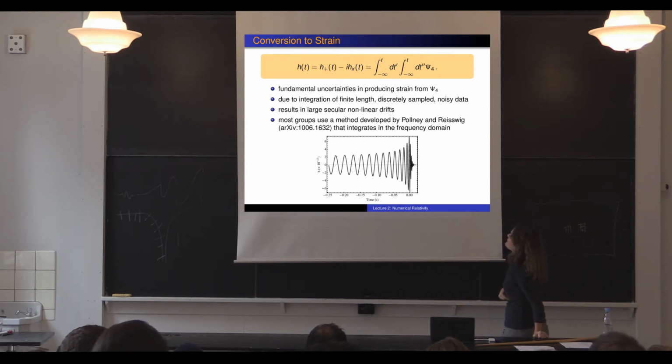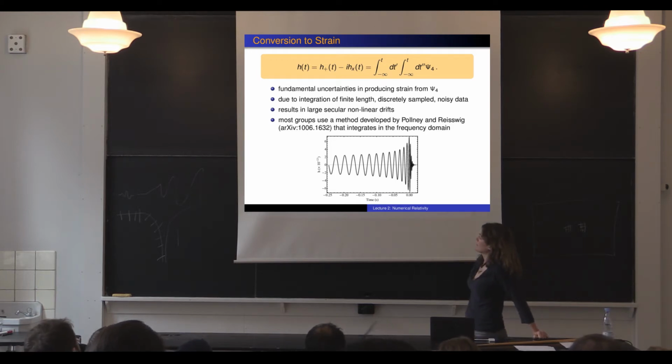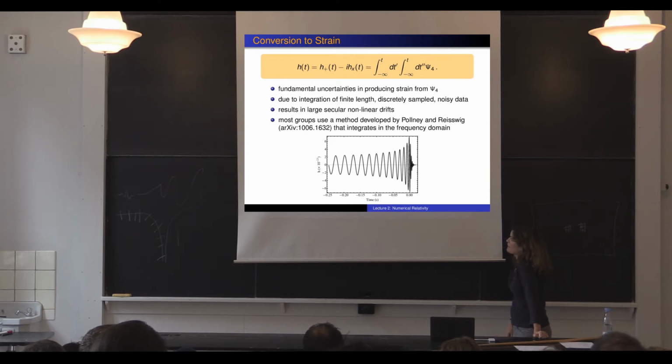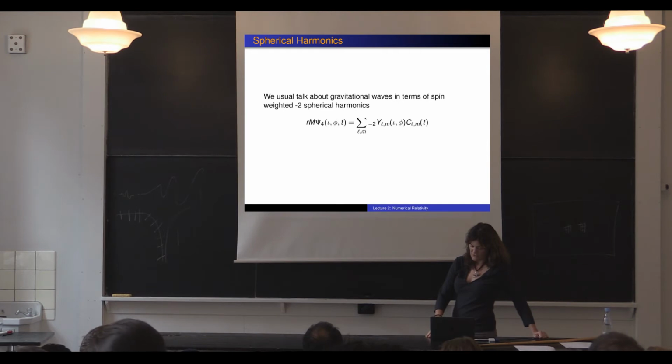And so creating h can also cause problems. We don't know what the coefficient should be when you solve this integration, so we have to just do the best we can. And what most people do is the Reisswig-Pollney approach that integrates everything in the frequency domain and comes back. But still, it's just something to keep an eye on, that it can also cause little issues.